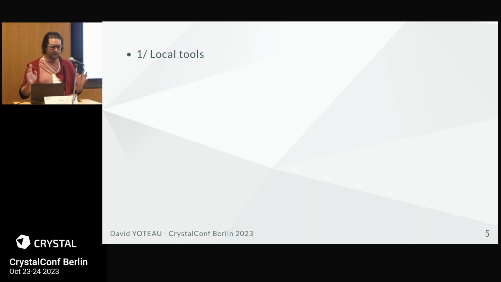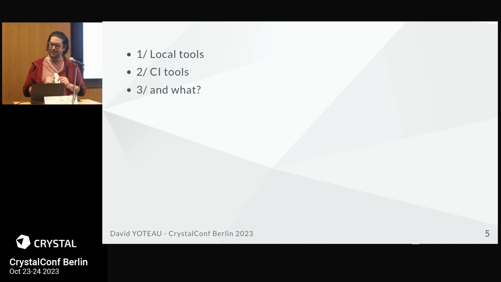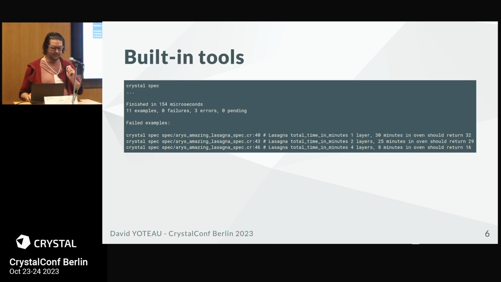And finally, I use tools in production to monitor my application. I have planned a bonus if I have time, but I'm not sure. Let's start with my developer workstation.